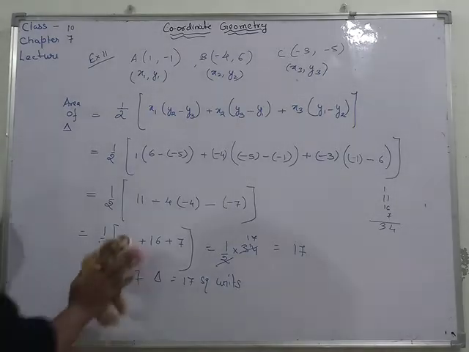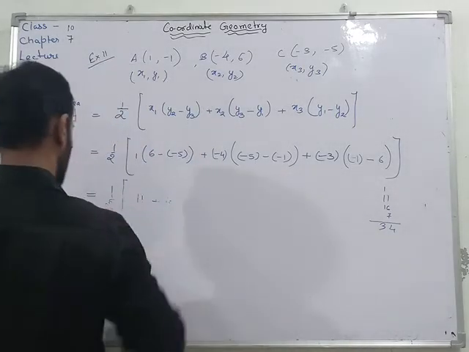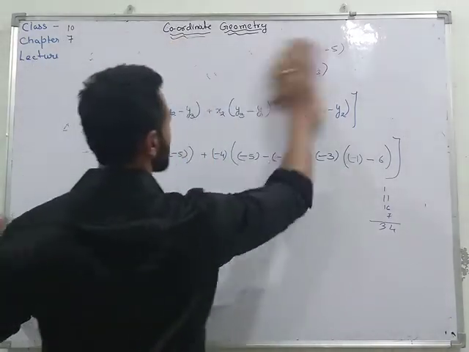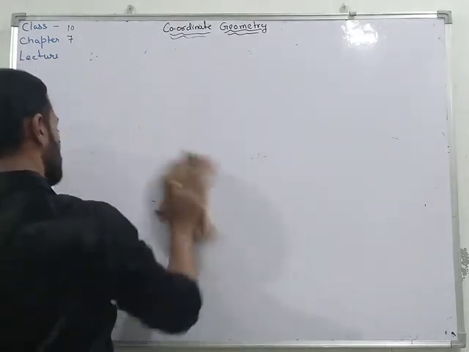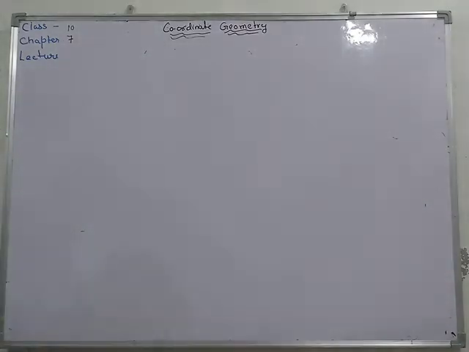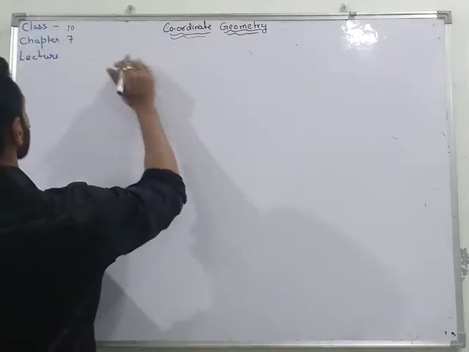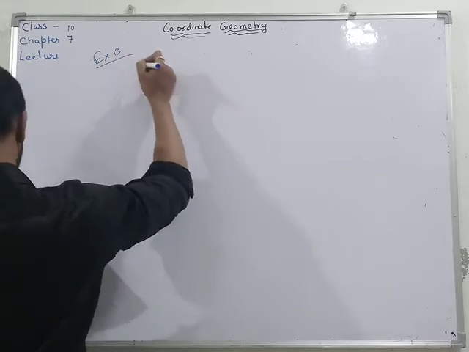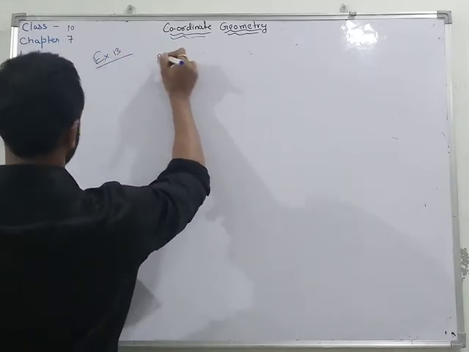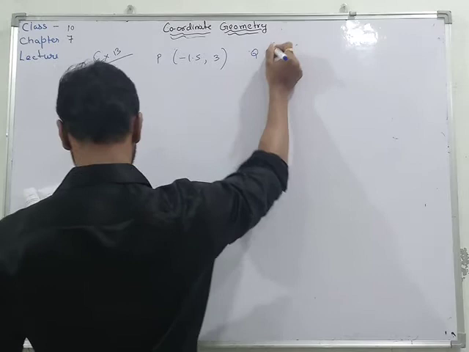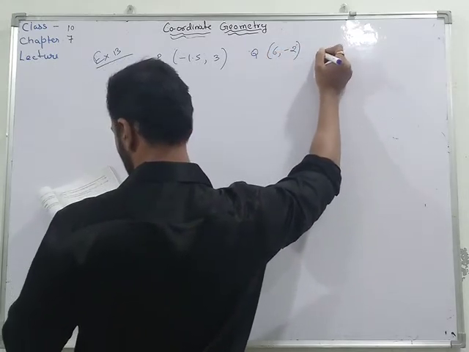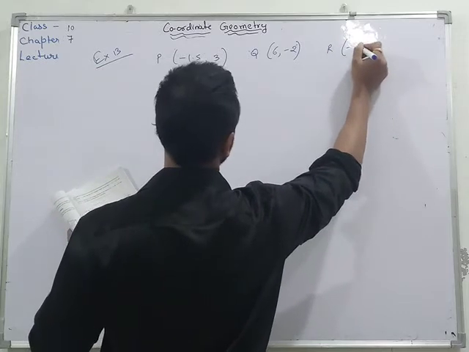Example number 13 says: find the area of the triangle formed by the points P minus 1.5, 3, Q 6, minus 2, and R minus 3, 4.